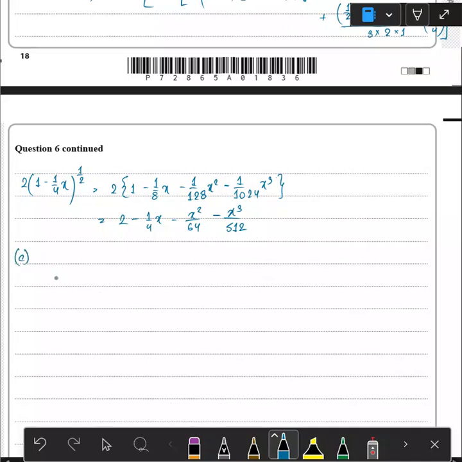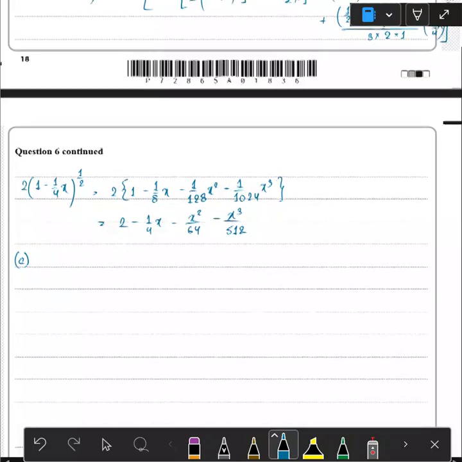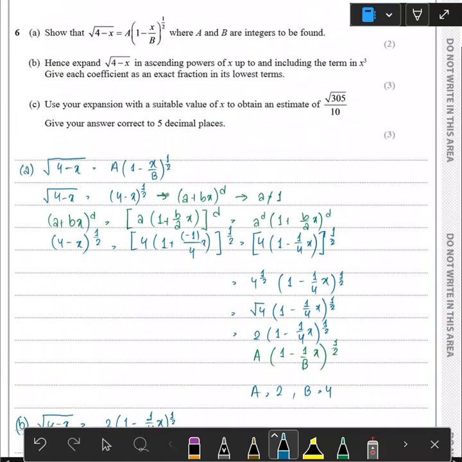For part C of the question, use the expansion with a suitable value of x to obtain an estimate of root over 305 divided by 10. You can't just simply put this in your calculator and give an answer; you won't get a mark.